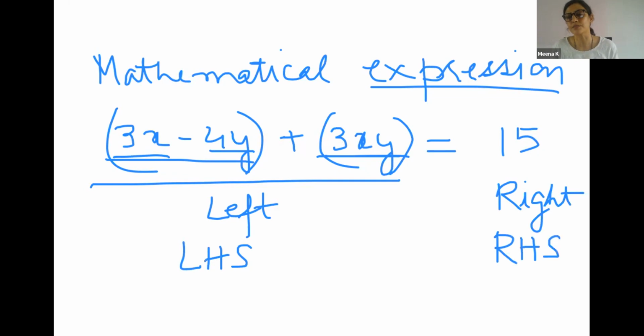So equal sign means it should be balanced. We have to give such values to these variables that this equation becomes balanced. That is our aim. What is our aim? That we have to give such solutions to the variables that both the sides are equal in measure. Clear, children? What is our aim when we are solving it, right?